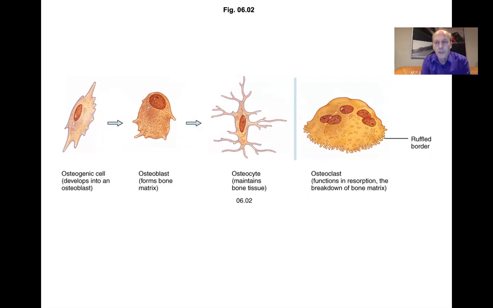Common predecessor means immature embryonic tissue called the mesenchyme. It forms the osteogenic cells, which in the next little while will finally start forming the cells that are called osteoblasts.